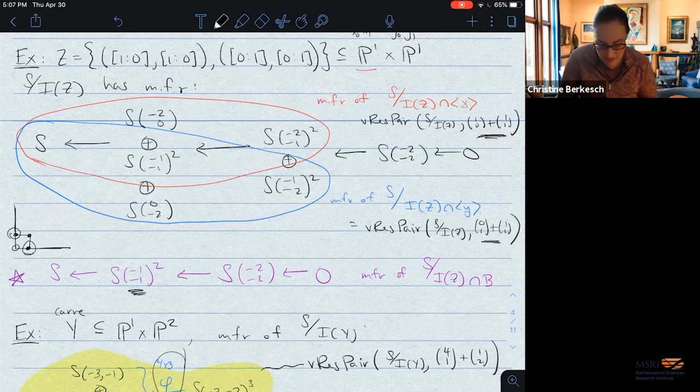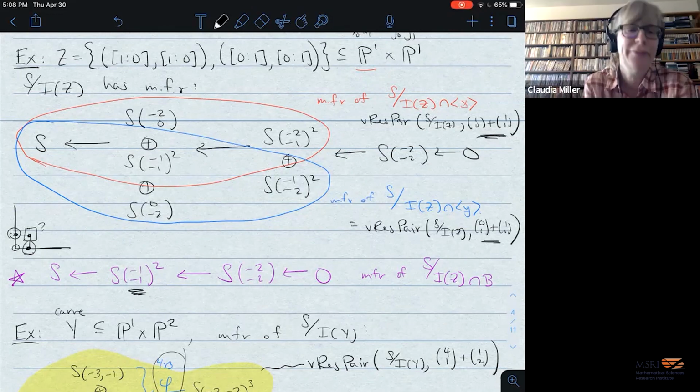And then this maybe you could think of as being that inner corner in some way. So there is some sense, especially with this v-res of a pair, that the multi-regularity is telling you something about the minimal ones. Thank you.